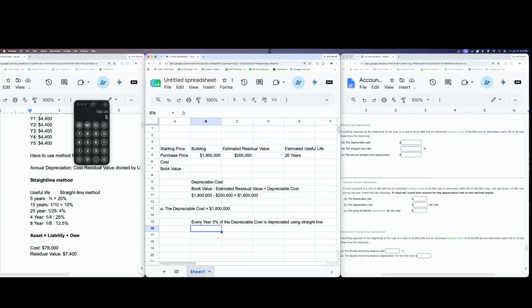So that's the 5% straight line rate. Year one, 5%. What is 5% of 1,600,000? 80,000. So 80,000 depreciates.